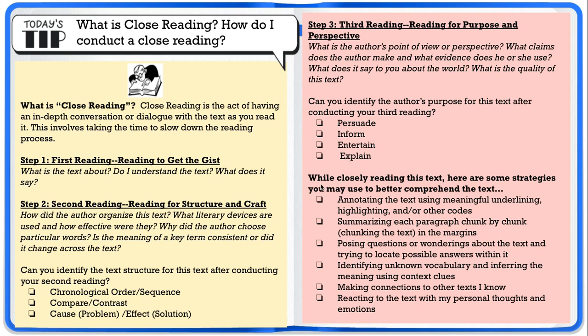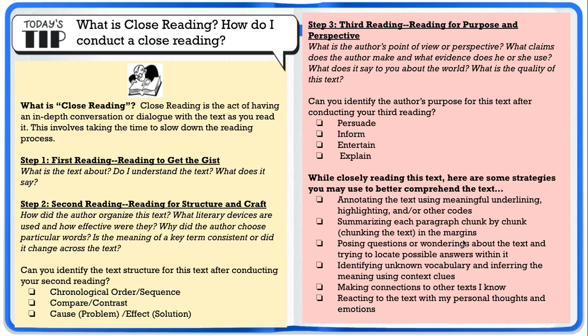Last but not least, let's review some strategies that you might use while you're closely reading to better understand the text. Here are some strategies you might use. Annotating the text using meaningful underlining, highlighting, and/or other codes. Summarizing each paragraph chunk by chunk, chunking the text in the margins.